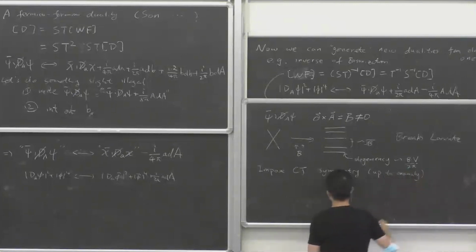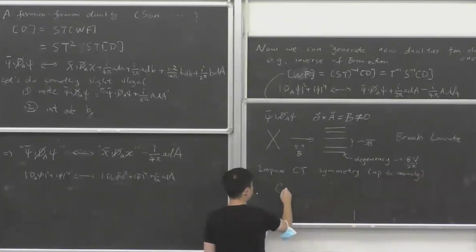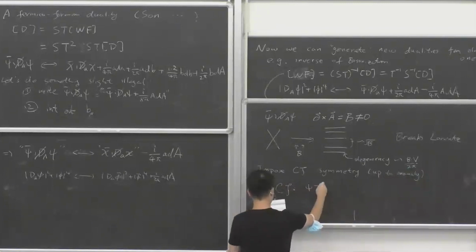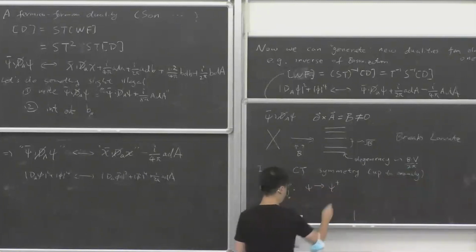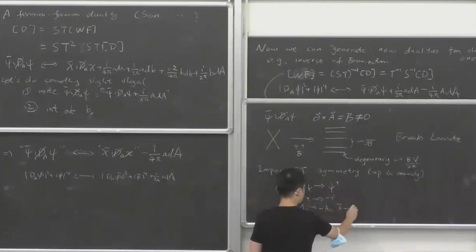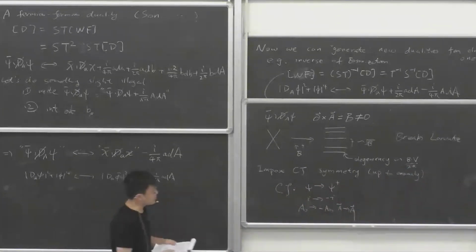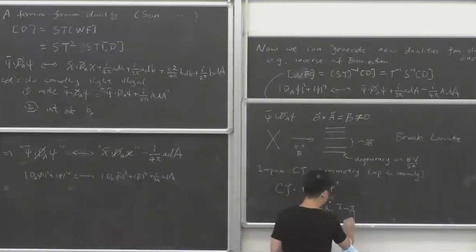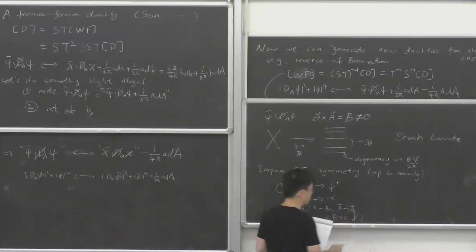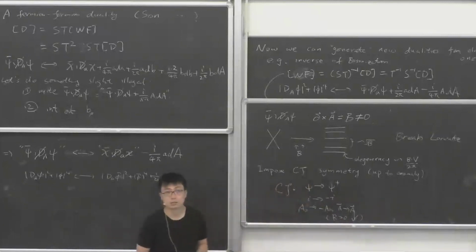So what this symmetry does is conjugate my charge, so psi goes to psi dagger. Of course, it's anti-unitary, so i goes to minus i, and the probe gauge field, the zero component flips sign, but the space component does not. And because the space component does not flip sign, having a constant magnetic field is perfectly fine with this symmetry. Ordinary time reversal would not.